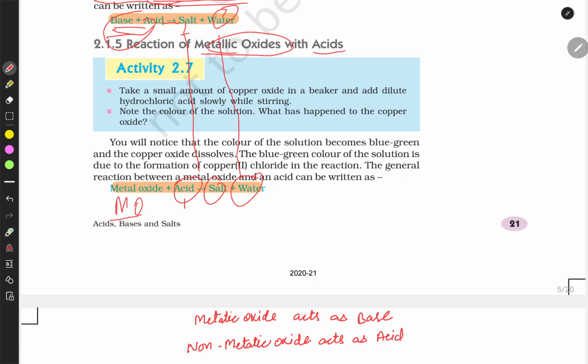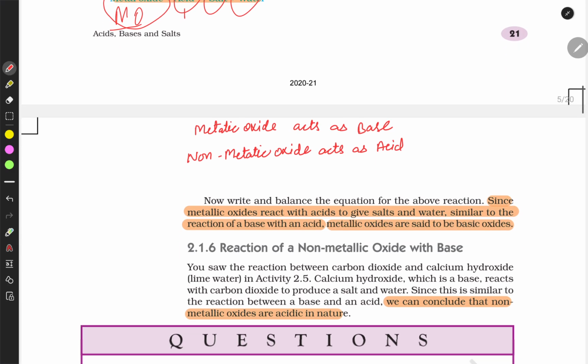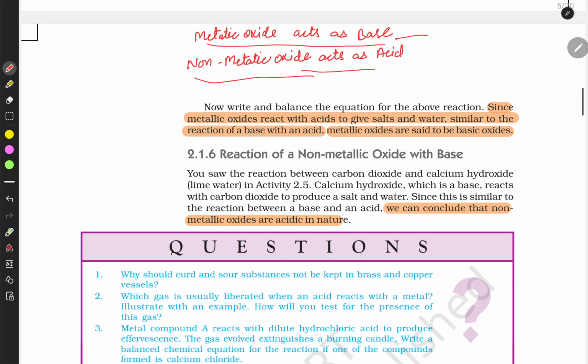The same salt and water formation is there. By this we can conclude that metal oxide has basic properties. So metal oxide acts as a base, and non-metallic oxide acts as acid.